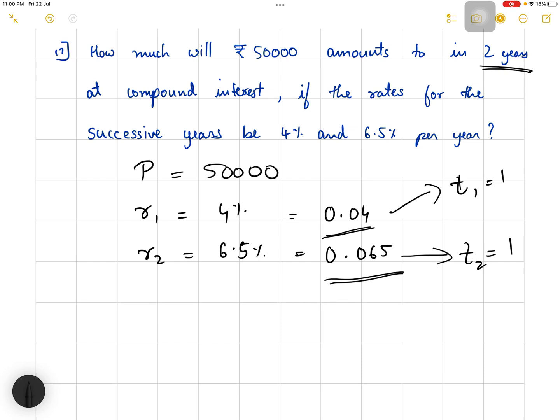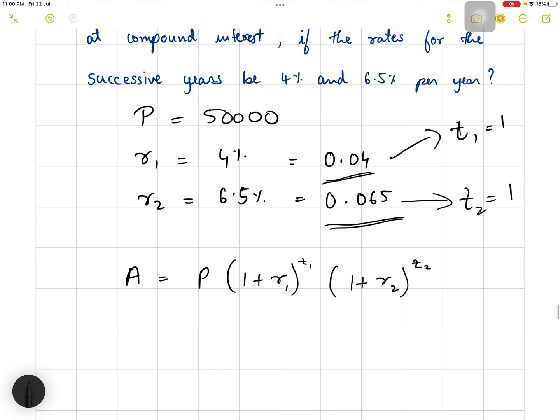Right? Okay. So amount is equal to P into (1 plus R1) raised to T1 into (1 plus R2) raised to T2.